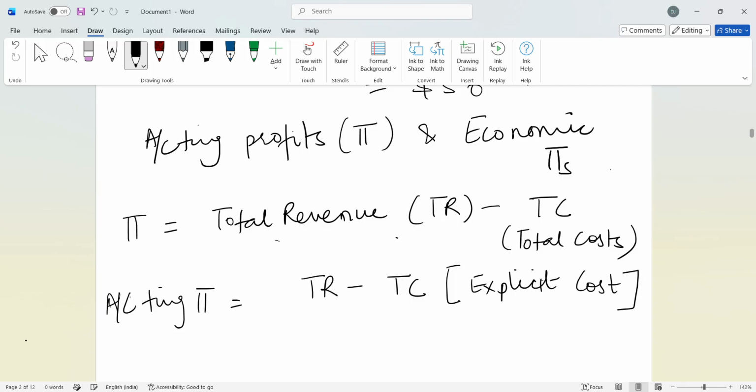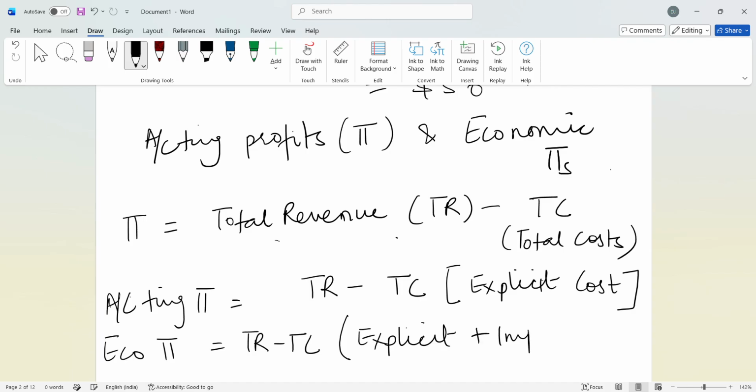Only the explicit cost. However, an economic profit is calculated with TR minus TC, but this TC is a combination of your explicit plus your implicit cost.